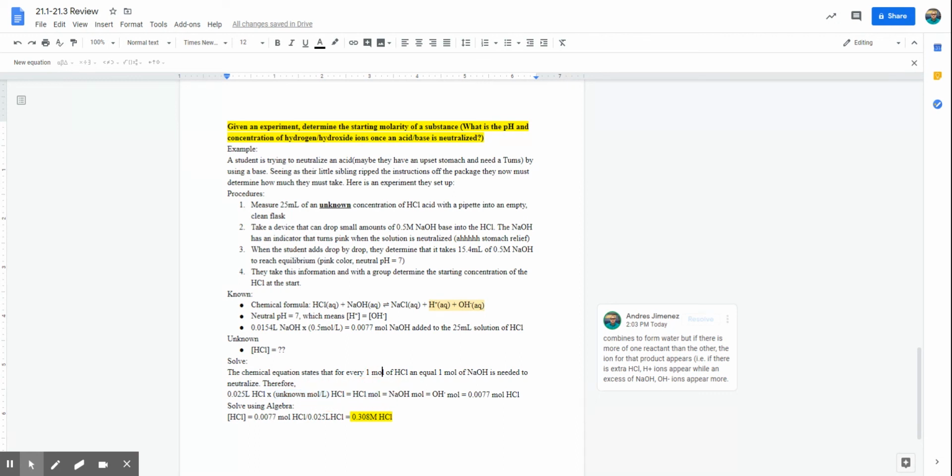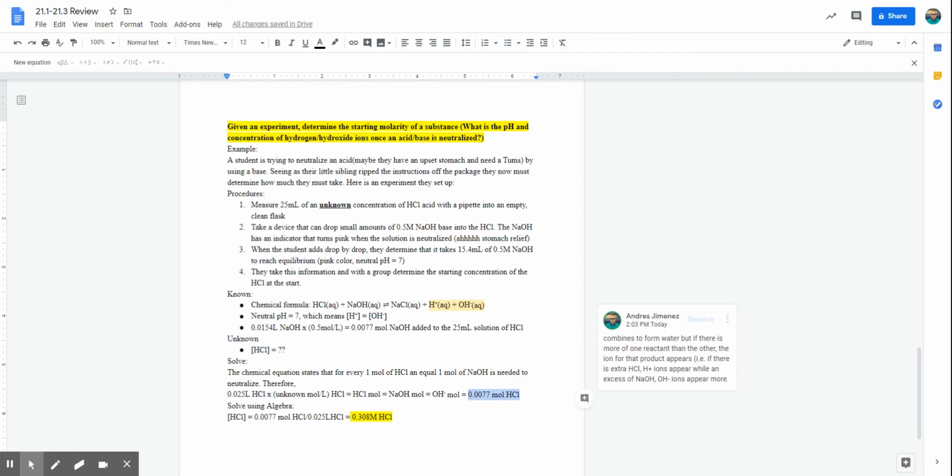Well, according to the equation, 1 mole of HCl equals 1 mole of sodium hydroxide. So if I have 0.0077 moles of sodium hydroxide, which I solved for up here, then I would have the same amount of HCl.